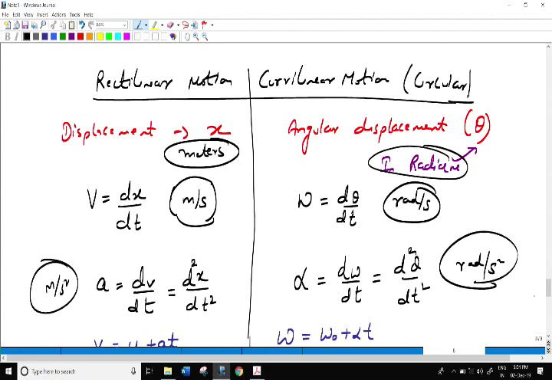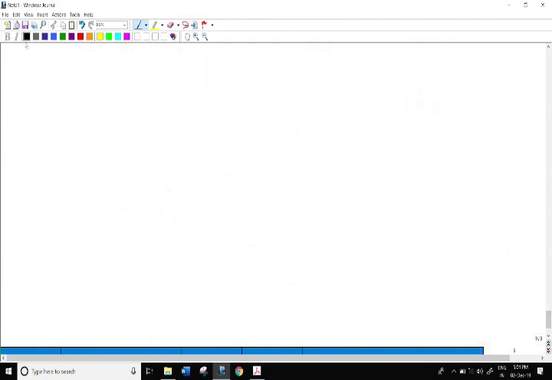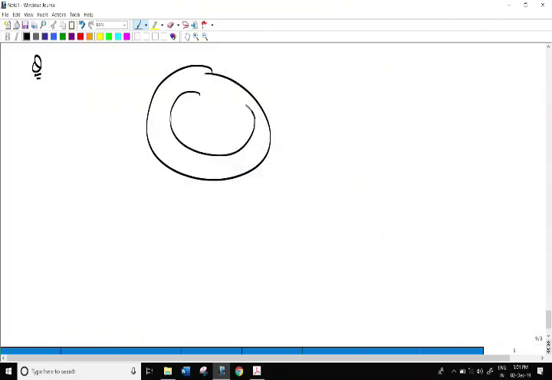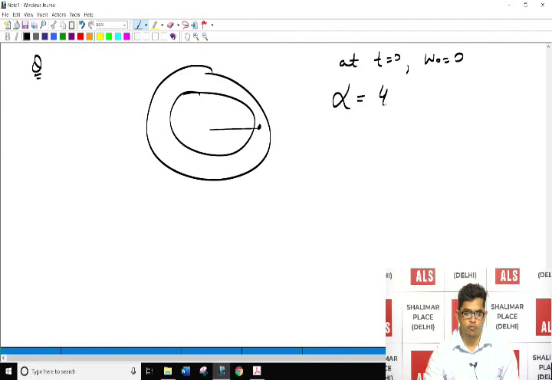Okay, so let's do a few questions. The first question is, suppose there is a circular track. I start from this point, and initially I was at rest at t equals 0, omega naught was 0. I start pedaling so that my angular acceleration is 4 radian per second square.